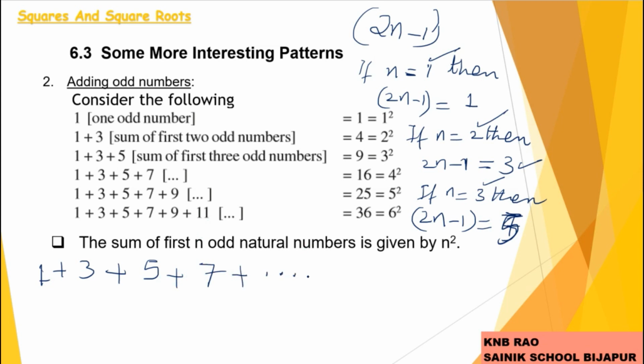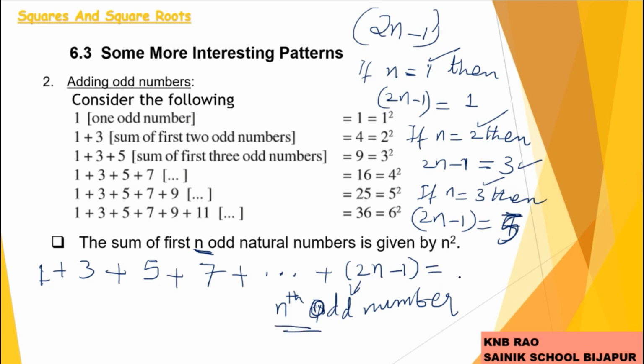Similarly, we have the nth odd number being 2n minus 1. So 2n minus 1 is the nth odd number.